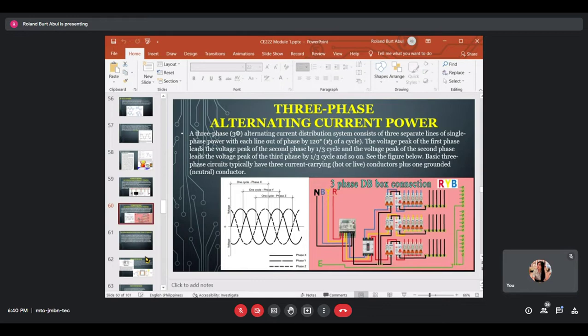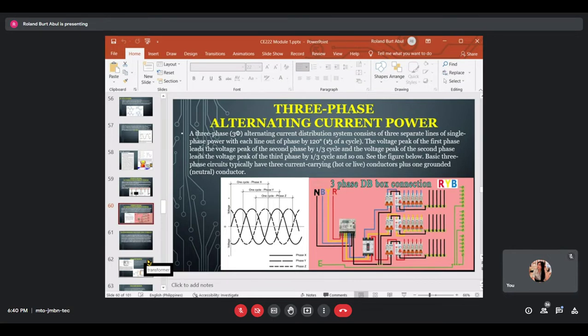Oh, yes, Joby. Sir, may I know, unsay purpose sa neutral, sir? Sa neutral, dira agi ang excess nga current sa system. Typically, sa three-phase nga system, ang summation sa voltage sa kada phase is equal to 0.